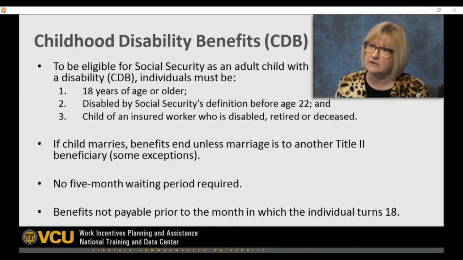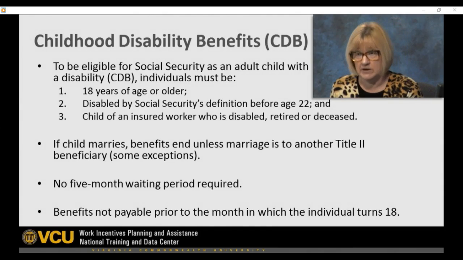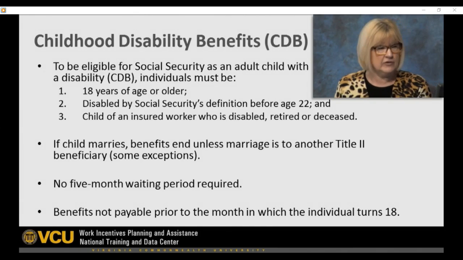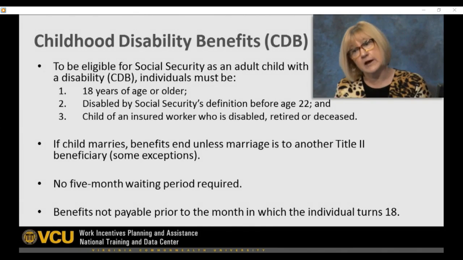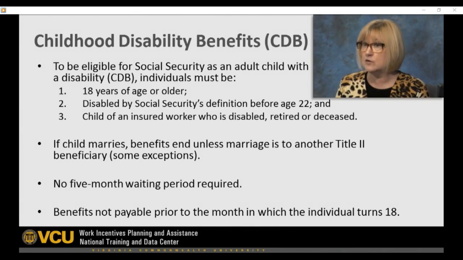And this is when an individual with a disability is collecting a disability benefit off of the work record of a parent, all right? So to be eligible for this, first of all, you have to meet the disability requirement, right? That adult disability definition, or statutory blindness, right? That never goes away. That definition applies regardless.